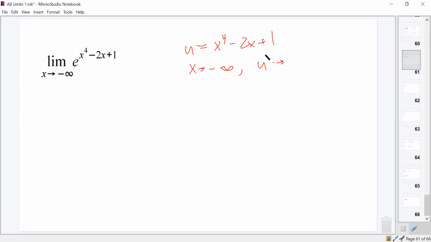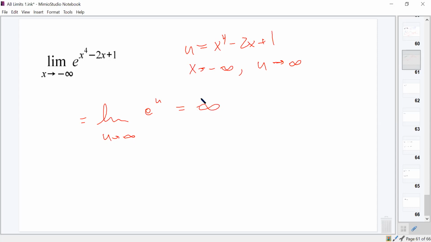Infinity. U is gonna be approaching positive infinity. Negative infinity to the 4th power becomes positive. So this just becomes a limit as u approaches infinity of e to the u, which is infinity.